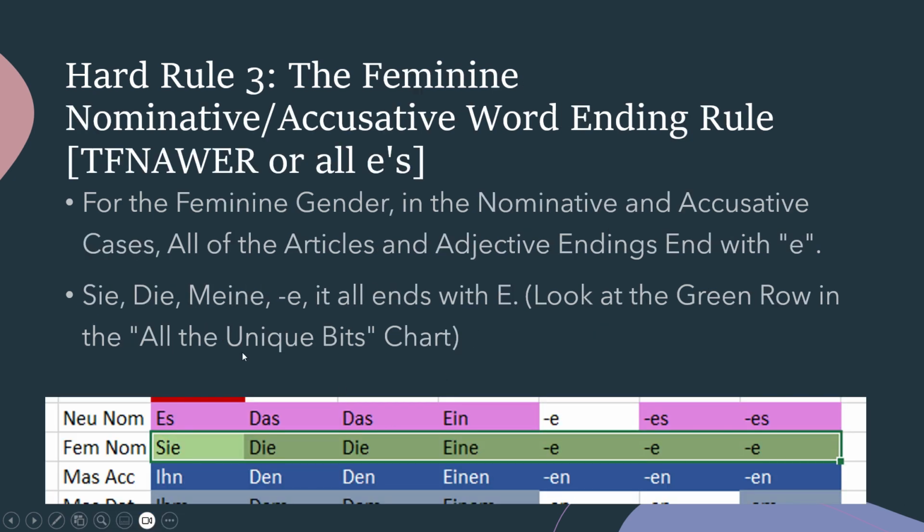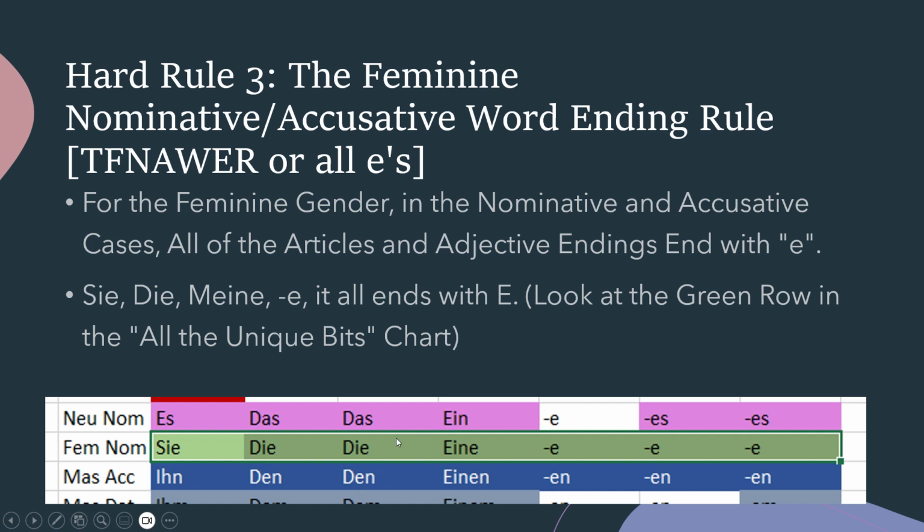Hard rule 3. This is a bit of an observation more than anything, but take a look. For the feminine gender in the nominative and accusative case, all of the article endings end with E. So we have die, die, eine, E, E, E. And I call it the all E's rule because, I mean, look at it, it's all E. You can see that fairly easily in the uniques chart, which is right here.